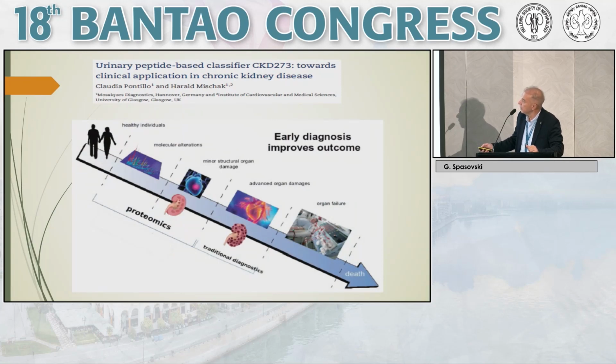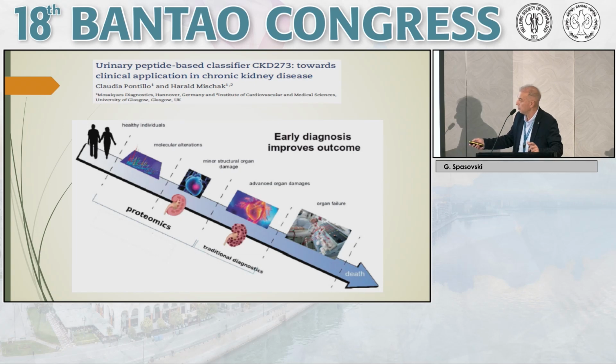You see here we have the tissue and the biopsy in this photo, but this is already when our patients have advanced organ damage. In order to prevent something or to give a particular therapy, we need to catch the patients at this stage of proteomics.